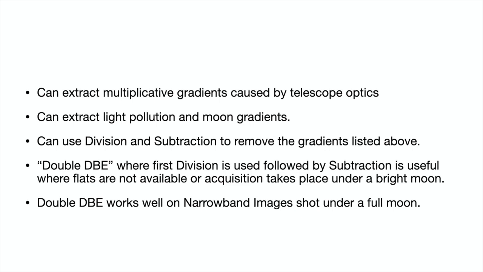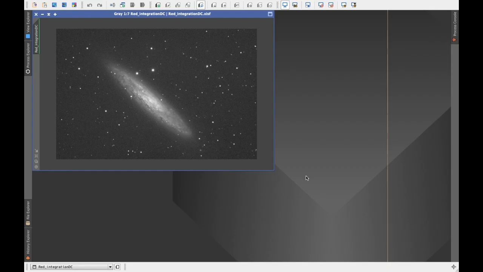This is useful where flats are not available or acquisition takes place under a bright moon. Double DBE works well on narrowband images shot under a full moon. I've personally used this to good effect. I will now demonstrate Dynamic Background Extraction on this image of the Sculptor galaxy.